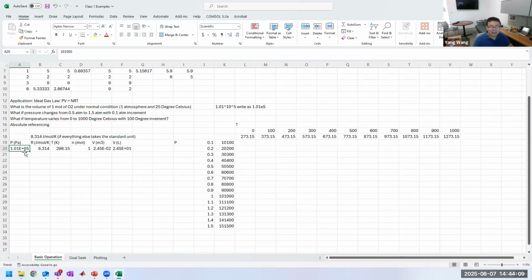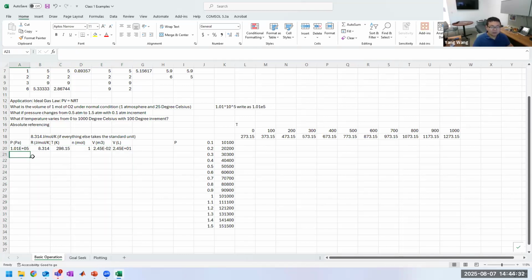So we know that this is 1 atmosphere, okay? So now we want to create something that basically calculates a range of pressure. Instead of doing this point by point calculation, we basically have to use the function of Excel by creating this data set, right?